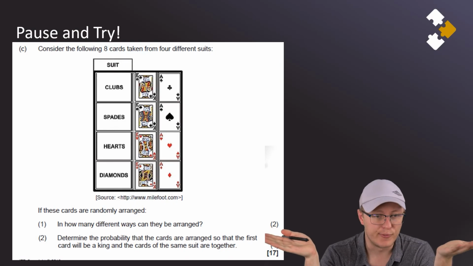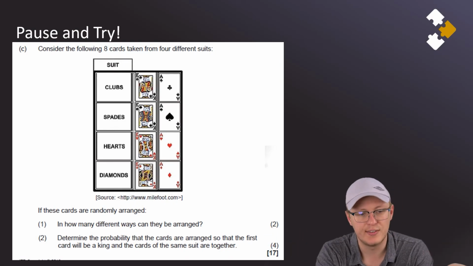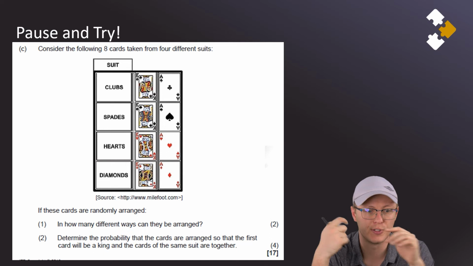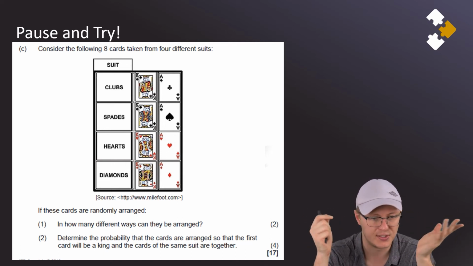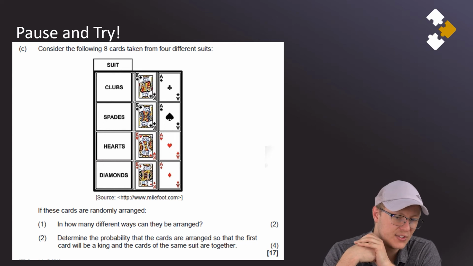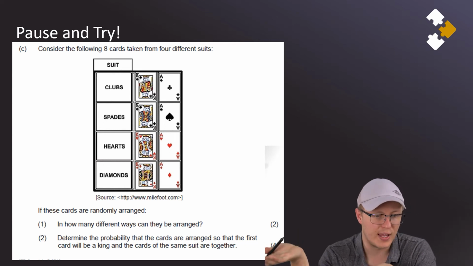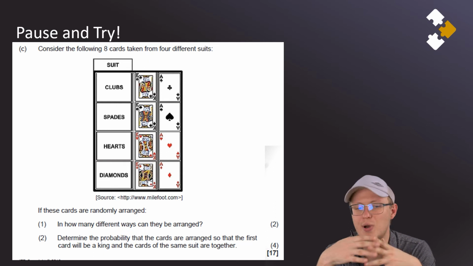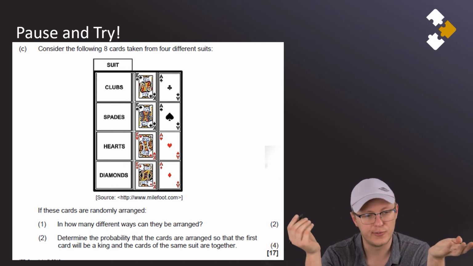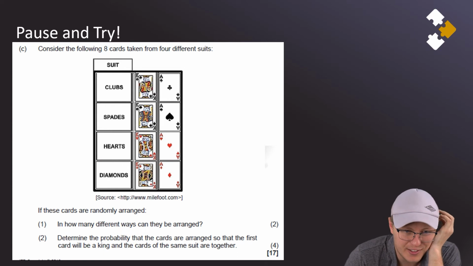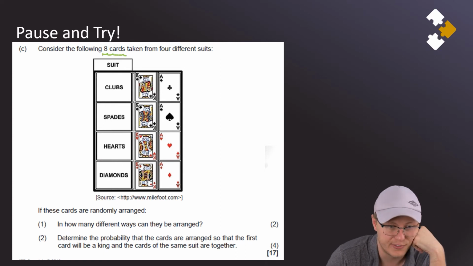Okay, so we've got the following 8 cards, and they've been taken from 4 different suits. The suits are like the clubs, spades, hearts, and so on. Then it's asked, in how many different ways can these cards be randomly arranged? Well, in a deck of cards, there are 52, but actually we're told we only have 8 cards specifically.